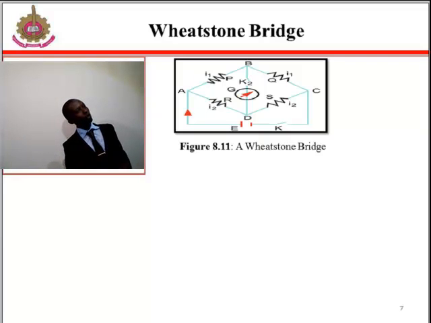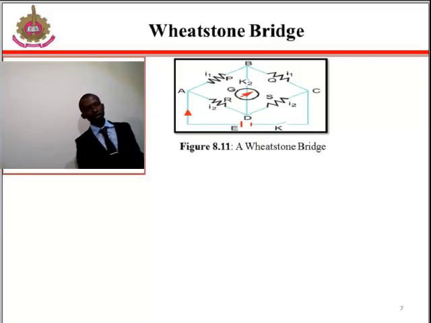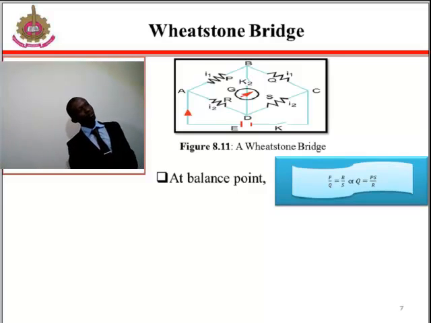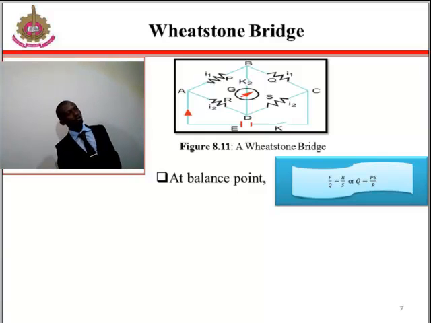From figure 6.11, when the bridge is balanced, that is, the galvanometer shows no deflection, then at balance point, P divided by Q equals R divided by S, or Q equals P multiplied by S divided by R, where P, S, R, and Q are resistances.